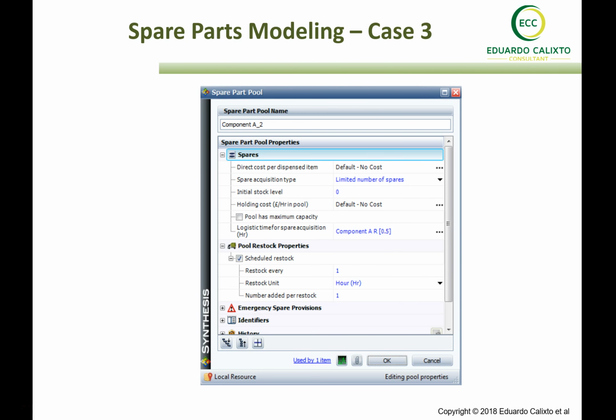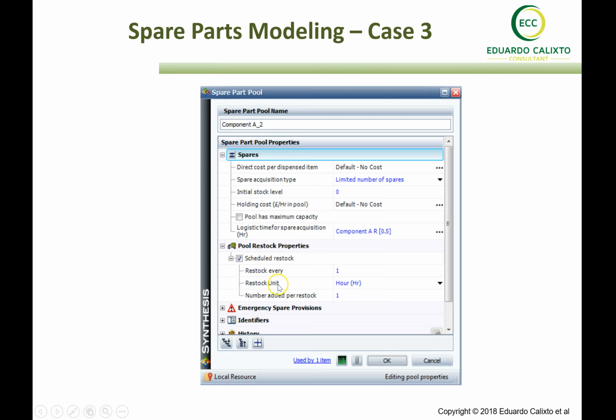Let's take a look at scenario 3, where we start with initial 0 spare parts and we order such a component when we start to carry out the preventive maintenance. That will take 0.5 units of time to dispense the spare parts to the stock, and this time will impact the downtime whenever I have the preventive maintenance.